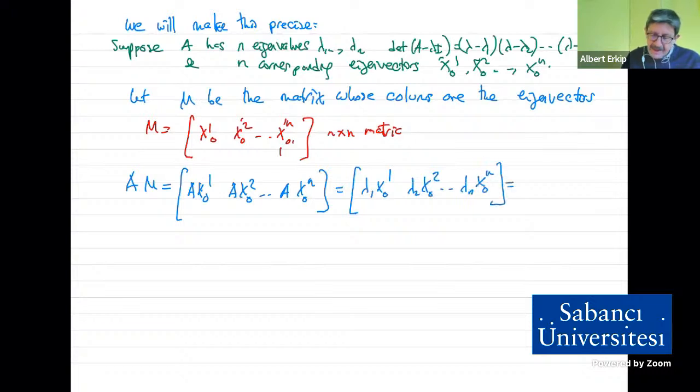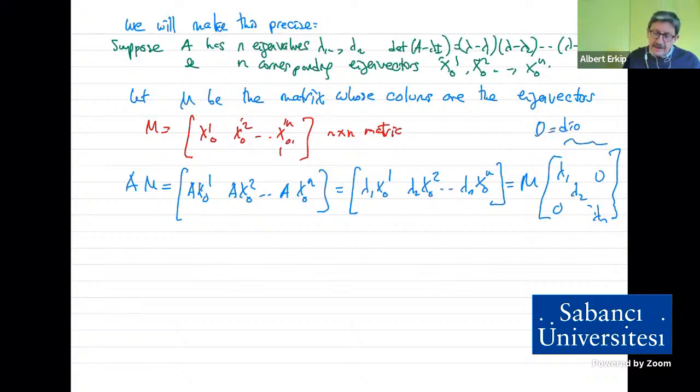And you can write this as M, this matrix, times the diagonal matrix with lambda 1, lambda 2, up to lambda n, and zeros elsewhere. Okay, let's call this D. D is a diagonal matrix.